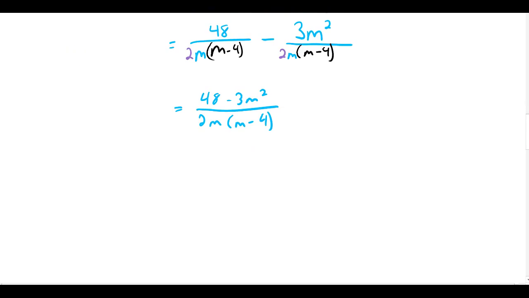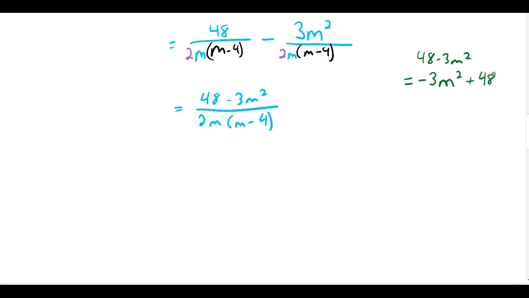Now again, especially since we have a square in the numerator, we need to factor. So I'm going to come over to the side and look at this 48 minus 3m squared. You've heard me talk before, I really want the m squared in the front, so I'll look at it as a negative 3m squared plus 48.